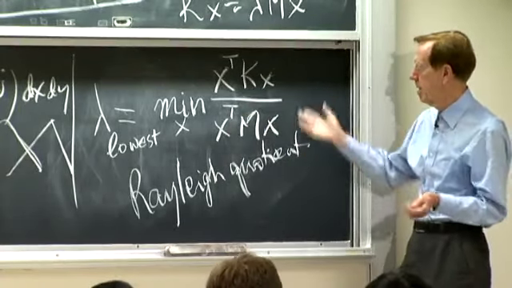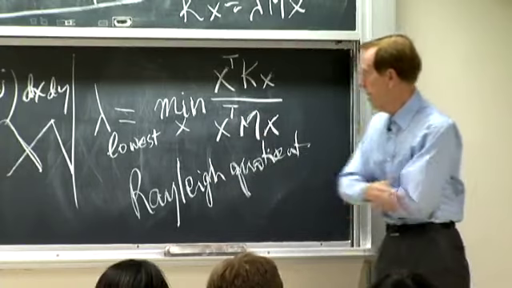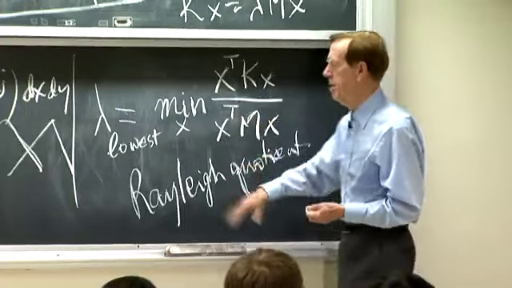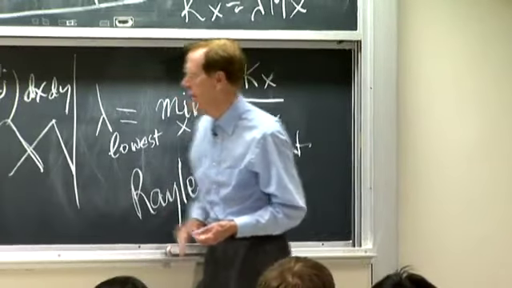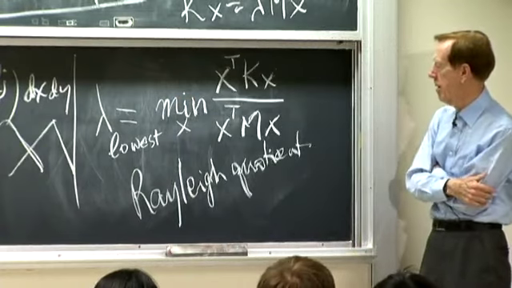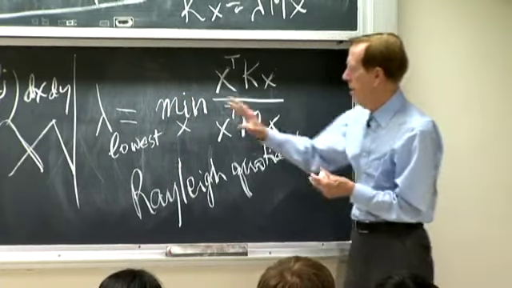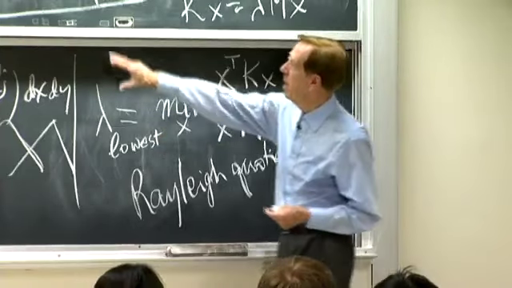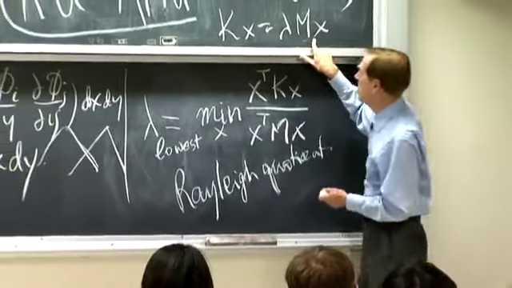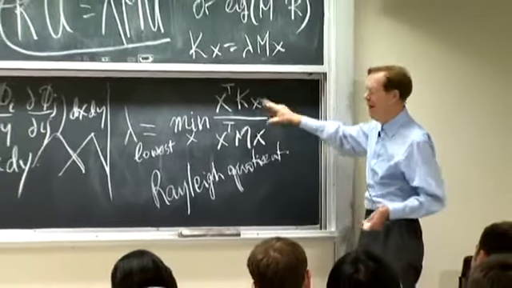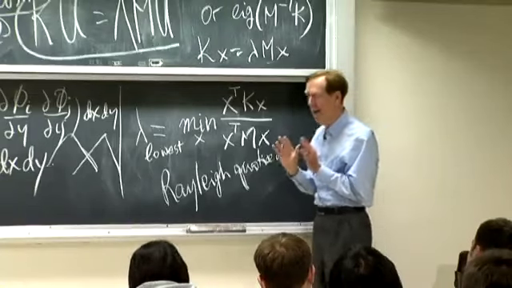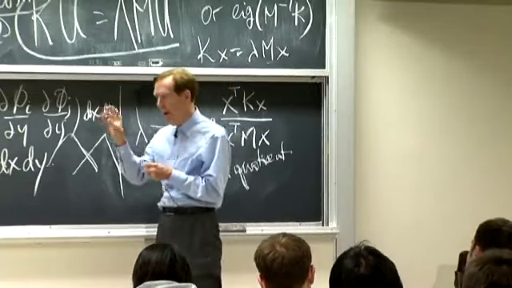Right, this is my point, that I wanted to mention the Rayleigh quotient. Here it is in the matrix case, and there would be a similar Rayleigh quotient in the continuous case. I'll just leave it at that. In describing eigenvalues, we can talk about Kx equal lambda Mx like this, or we can get energy into it. And you remember, the whole point about finite elements is, look at the energy.